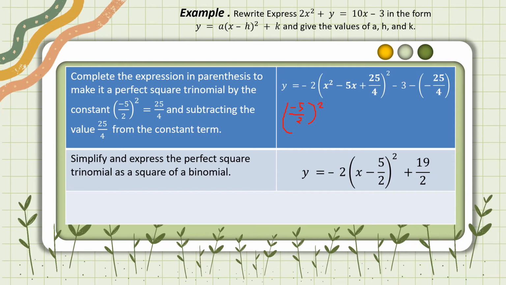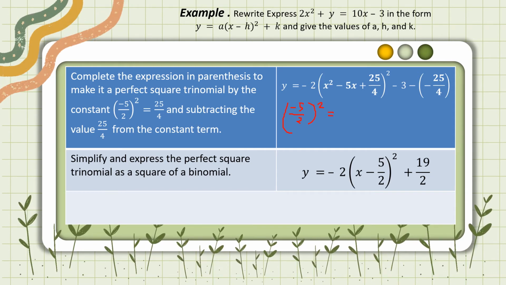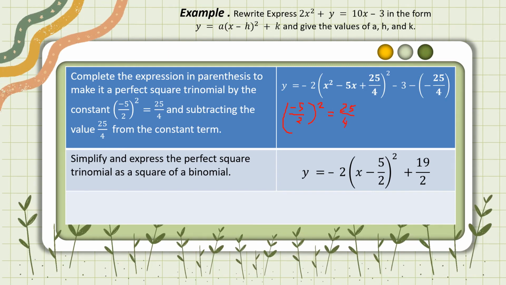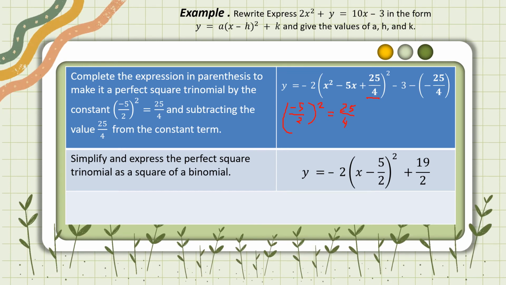Eh, hindi siya divisible by 2. So, hindi nyo siya i-convert as decimal. So, magiging 5 times 5, ayan po, magiging 25 all over 4. Yun po yung i-add nyo po dito, 25 all over 4. Ang ilal-add nyo naman po dun sa kabila, negative 25 all over 4. So, ayan po.